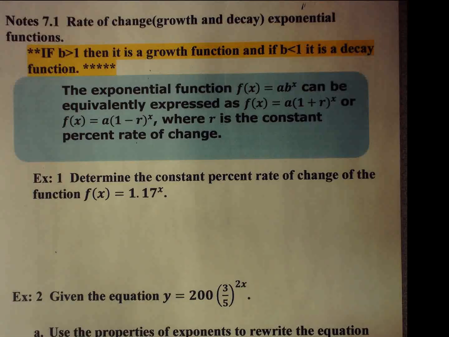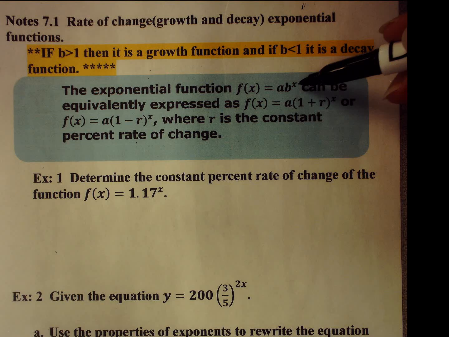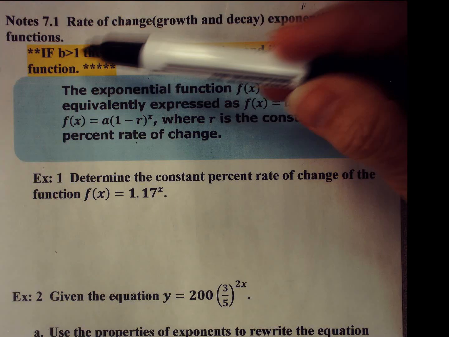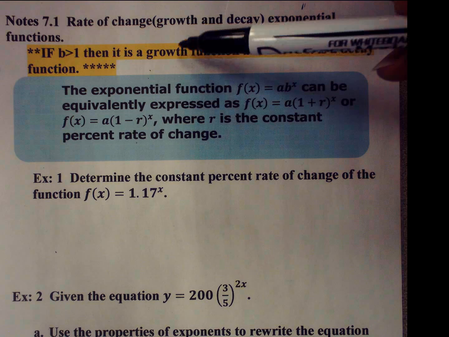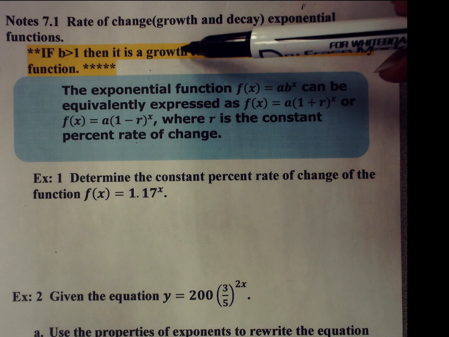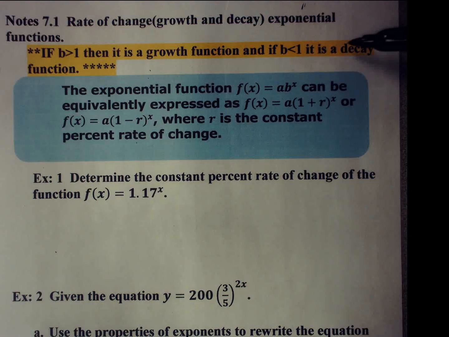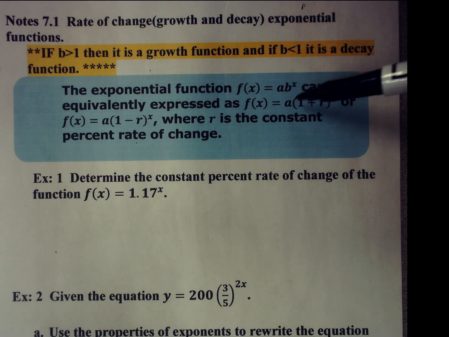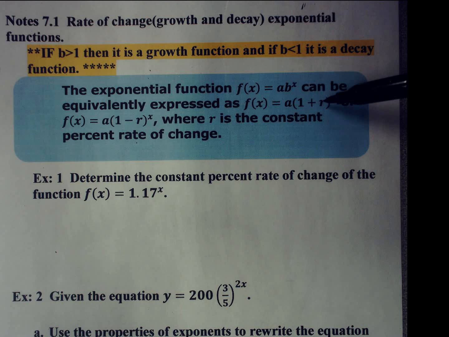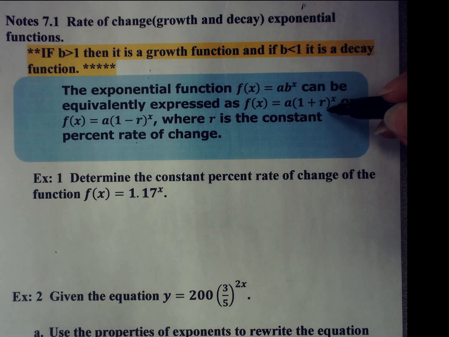Now, the b number that's being raised to the power, if it's bigger than 1, then it's going to be a growth function. If that b number being raised to that power is less than 1, then it's a decay function. So here is another alternative to writing this exponential function where we have a rate of change, okay?